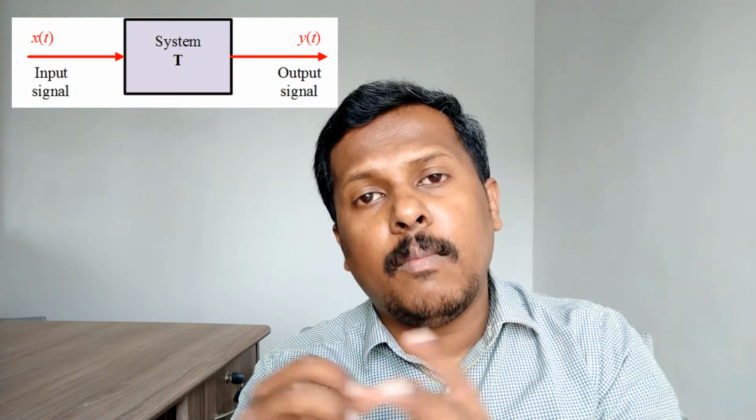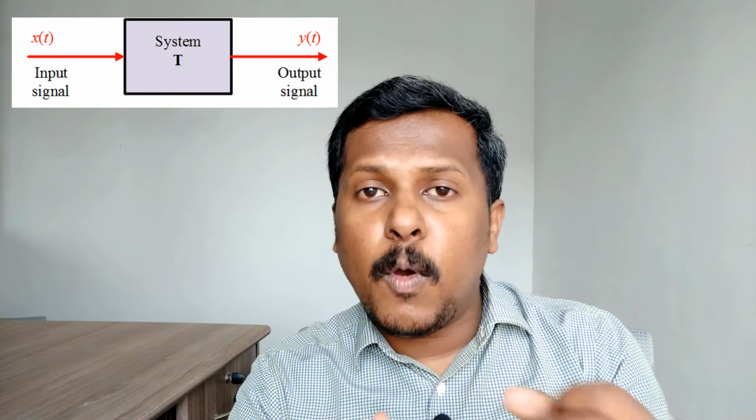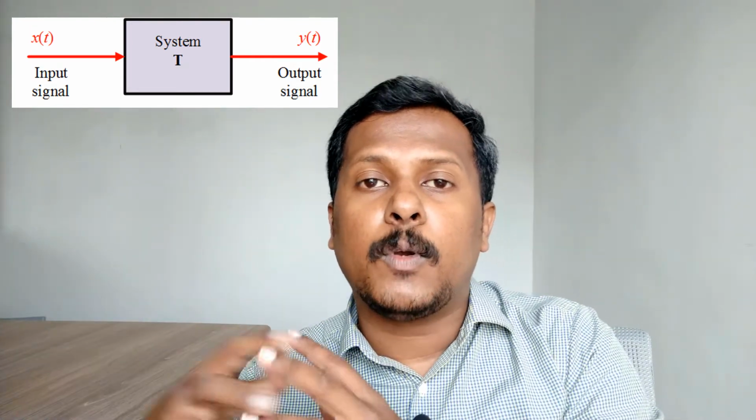So in all these applications, a system can be an interconnection of components, an interconnection of circuits, or an interconnection of subsystems. It can be anything. The main function of the system is to transform the input signals into output signals, or respond to the input signals to produce the output signals.